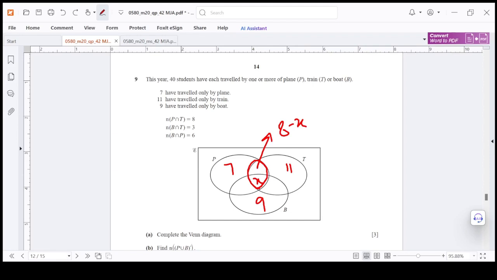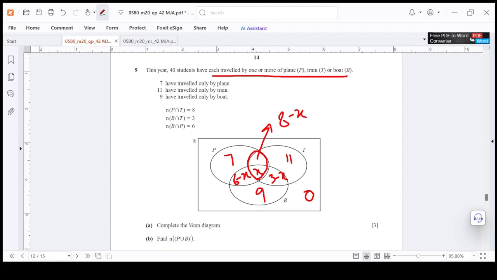B intersection T, which is this part, all of this is 3, and then this would be 3 minus X. And if all of this, B intersection P is 6, then this must be 6 minus X. And this year, 40 students have each traveled by one or more. So that means there's no person who has not traveled by plane, train, or boat. So you write a 0 outside.